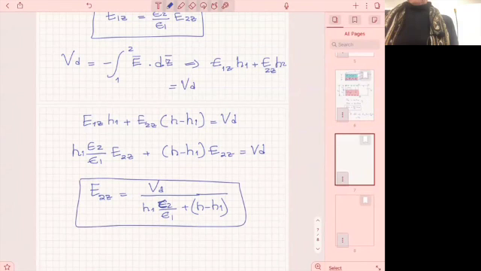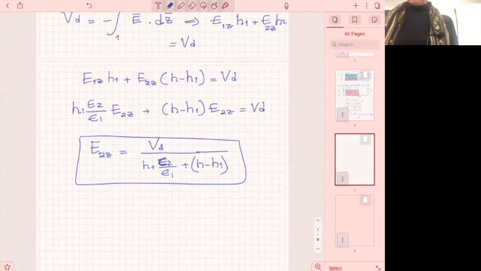Now, why is that important? Why is E2Z important? Because in this particular case, what do we know?